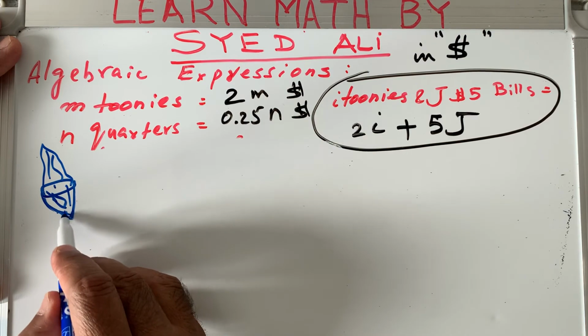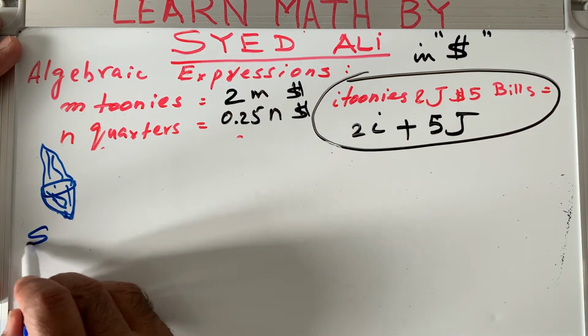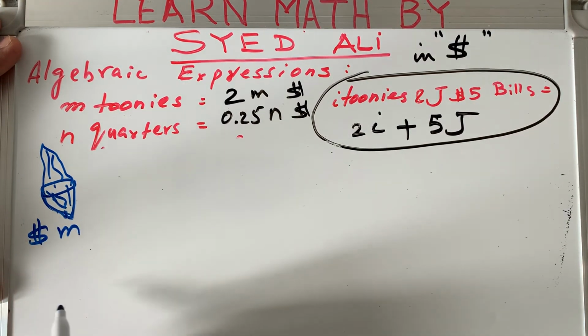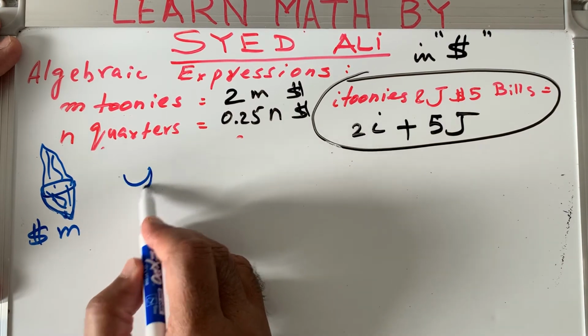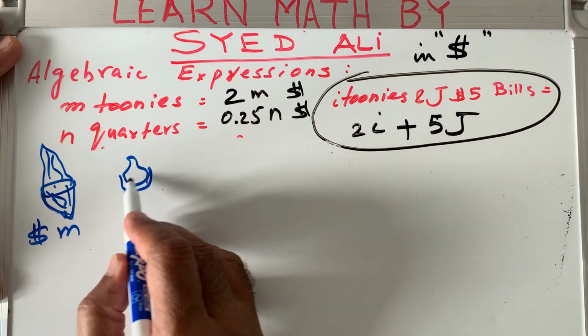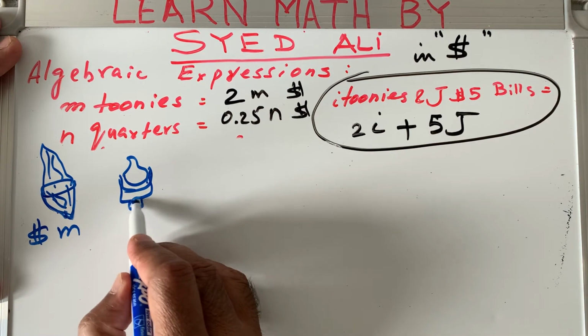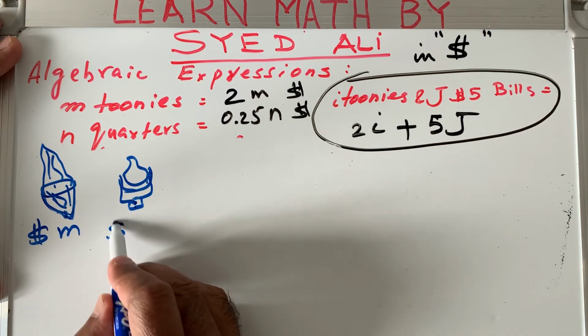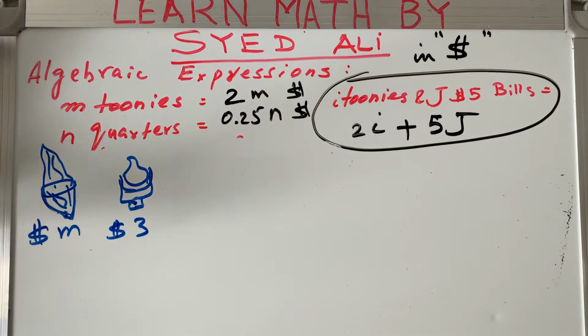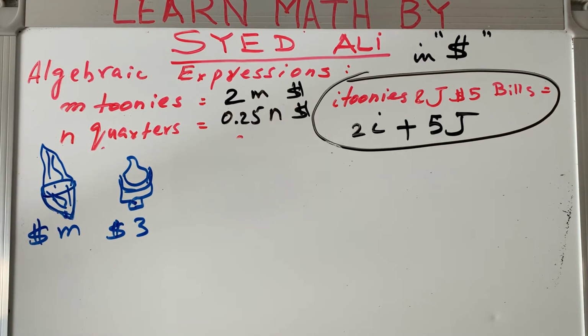I don't know the price of the cone, which is M. And I have a cup of the ice cream. This is $3. So I have a cone and a cup. I know the price of the cup, $3, and I don't know the price of the cone, so I put M.